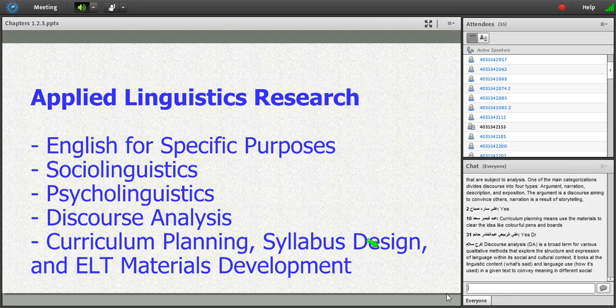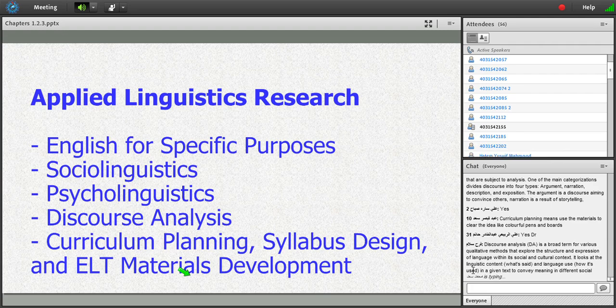You define the goals for different sessions. Okay, and ELT materials development, for example, you may say, okay, I want to compare the books that are used in mainstream education in schools in Iraq and in Iran to see which books are more effective to teach the students English.